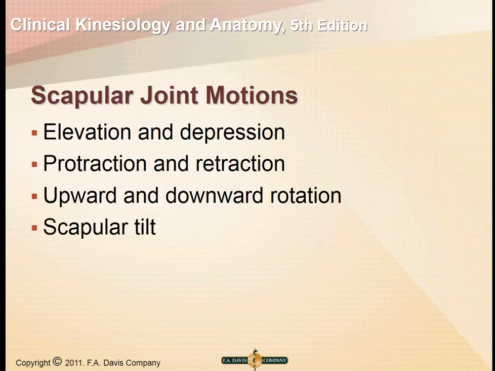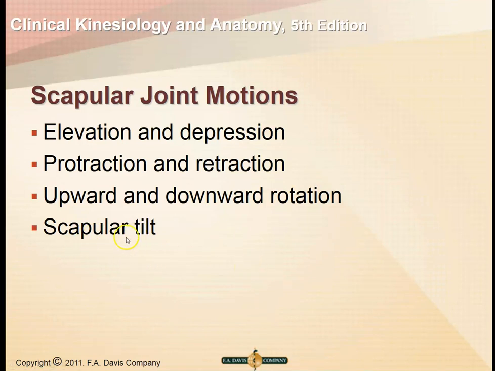Moving on to the scapula. The motions that are going to occur at the scapula include elevation and depression, protraction and retraction. These are typically more linear types of motions. However, when we think about upward and downward rotation, we talk about upwardly rotating and downwardly rotating the scapula.